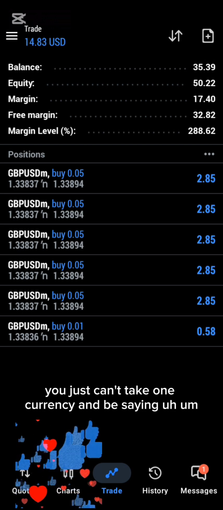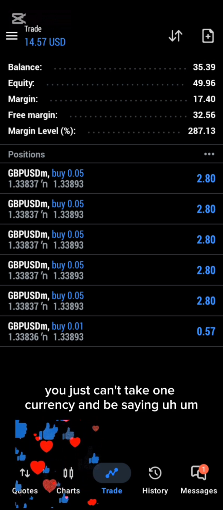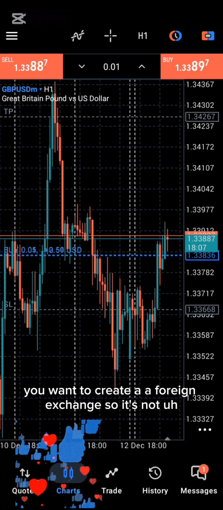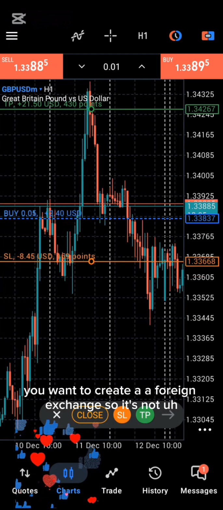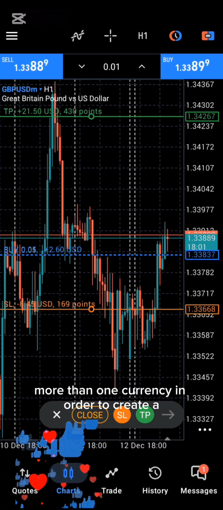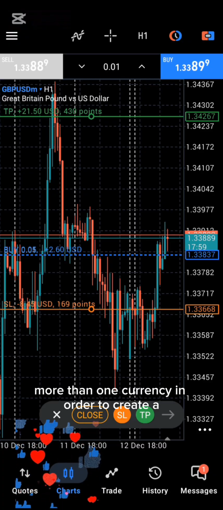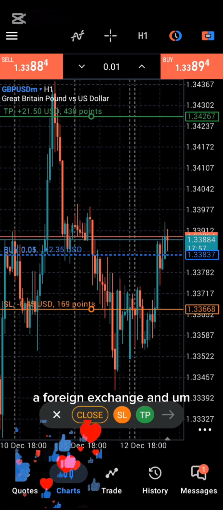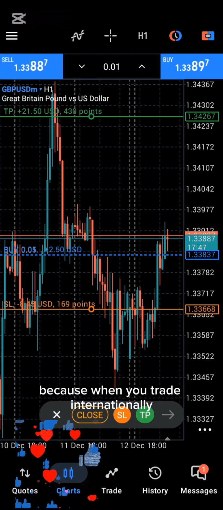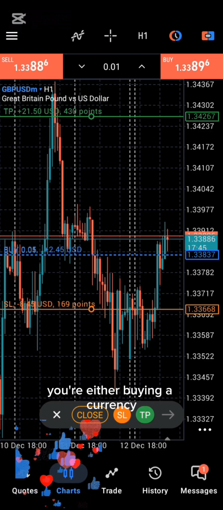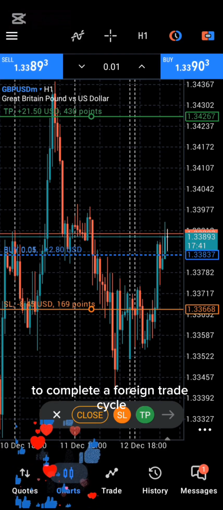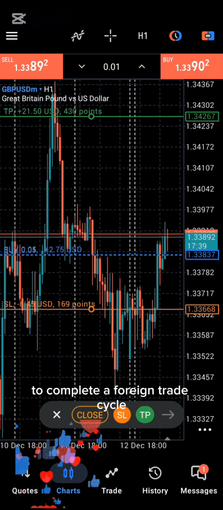You just can't take one currency and say you want to create a foreign exchange. It's not possible. That's why you need more than one currency. And to add to that, when you trade internationally, you're either buying a currency or selling the other to complete a foreign trade cycle.